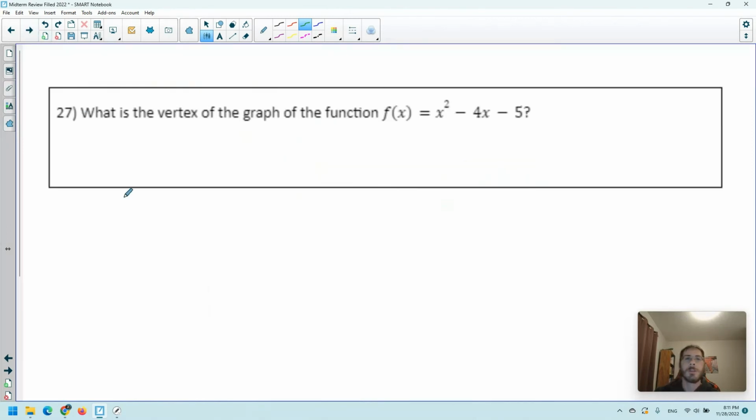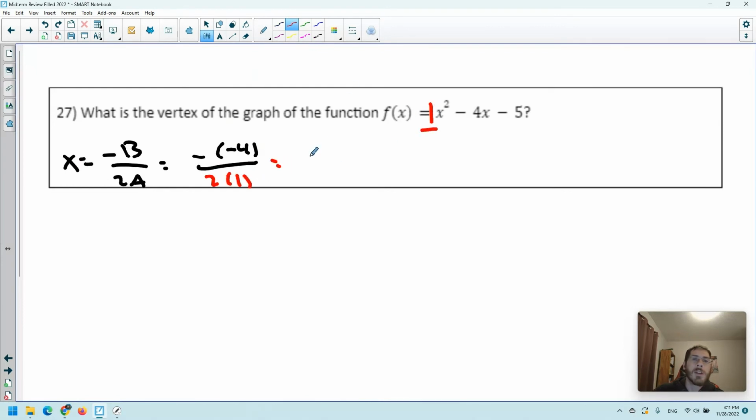For 27, what's the vertex of the graph of this function? To get the vertex, we'll use the formula x equals -b over 2a. So -4 for b over 2. This time 1 is a, so 2 times 1. So we get 4 over 2, which is 2, is the x coordinate.